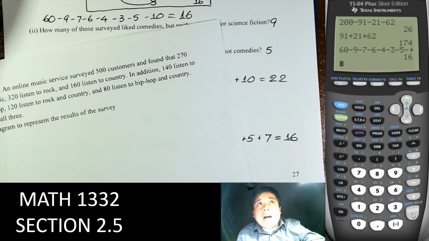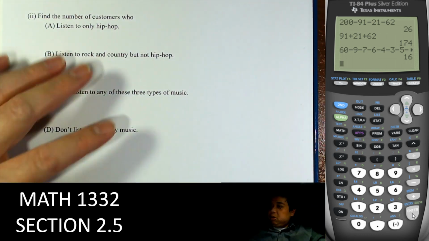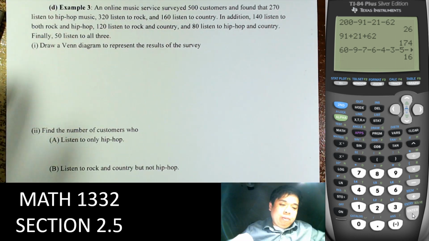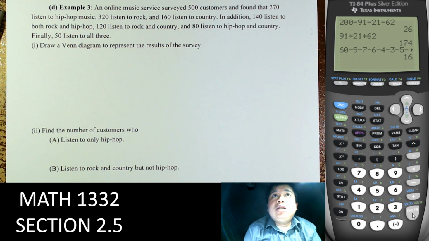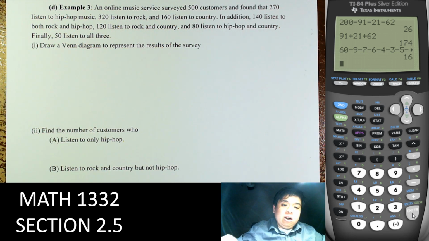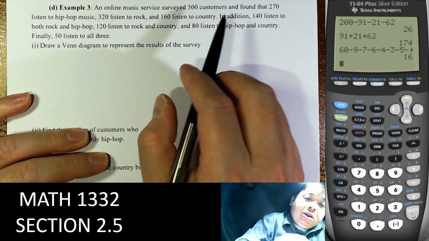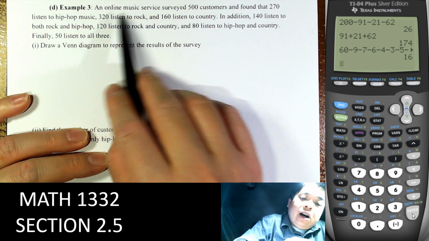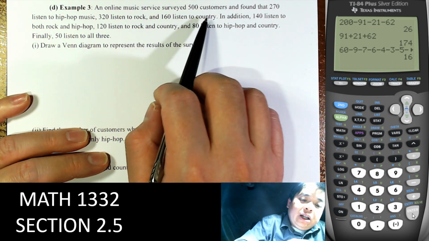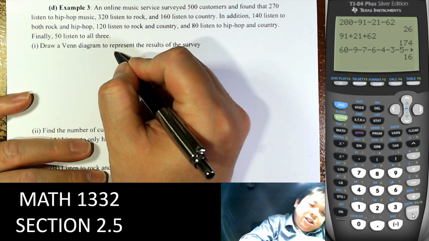Right. And with that, we go to the next round. An online music service surveyed 500 customers and found that 270, all those numbers. We have hip hop, rock, and country music.